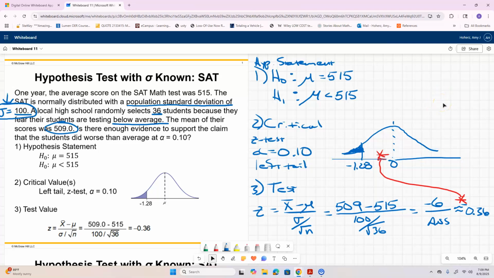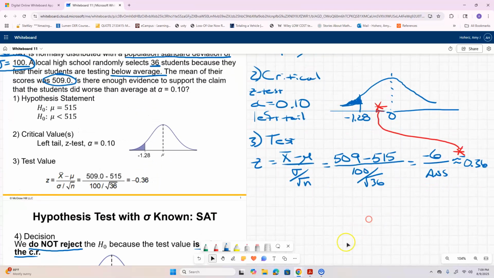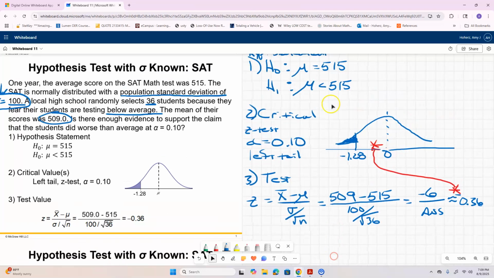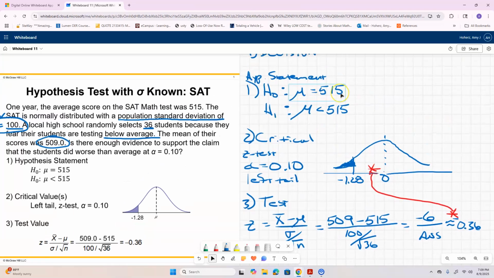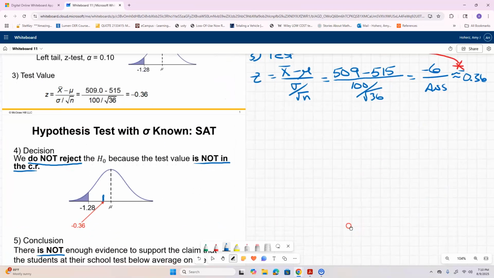Only negative 0.36 standard deviations below the average. That's not much for this situation. So not enough evidence to support that. So they took that null hypothesis to court, said, we don't think our school's equal to 515. We think we're going to charge it with being below 515, but the charges didn't stick. There wasn't enough evidence to support that claim.